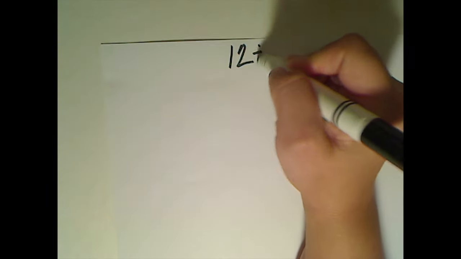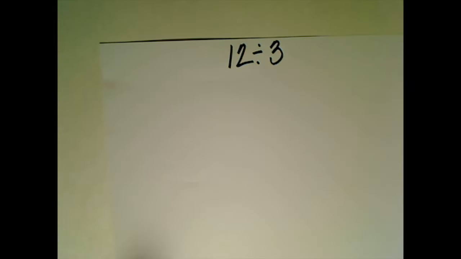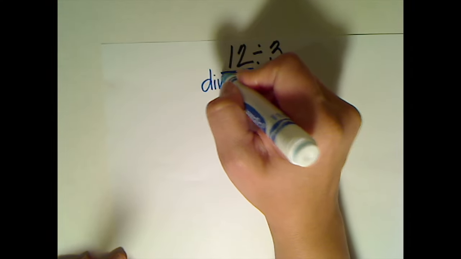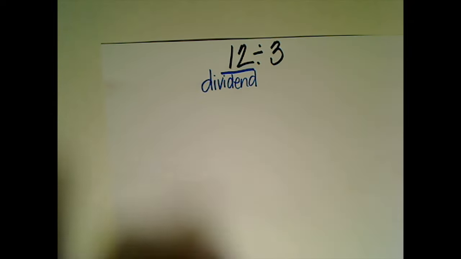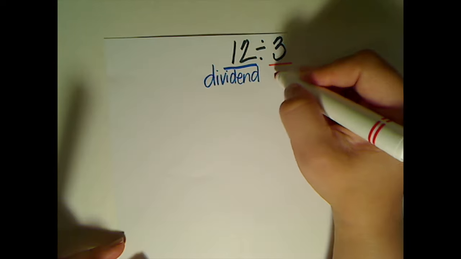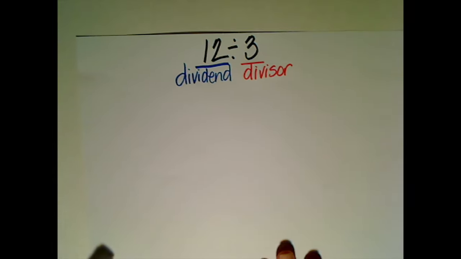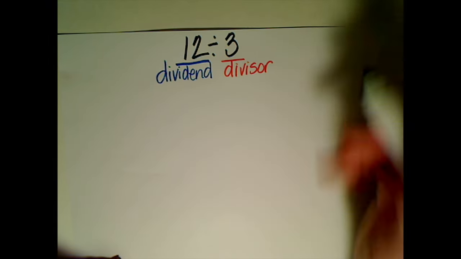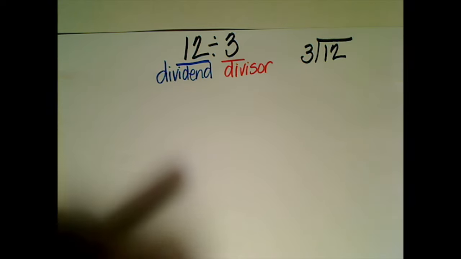Using an array. So 12 divided by 3. 12 is our dividend divided by our divisor. Okay, guys, if I wrote it like this, how would you say it?